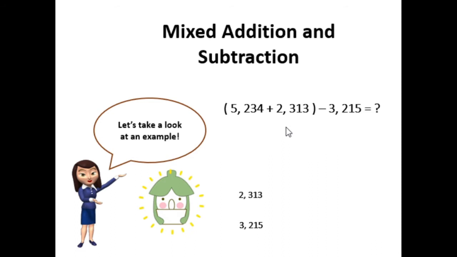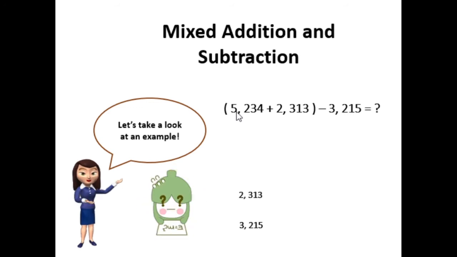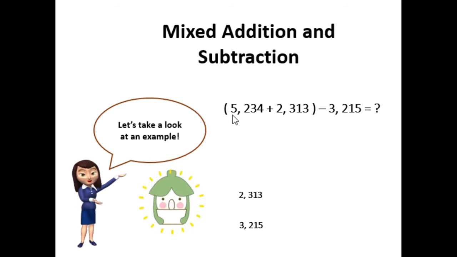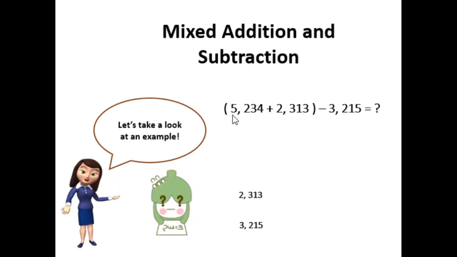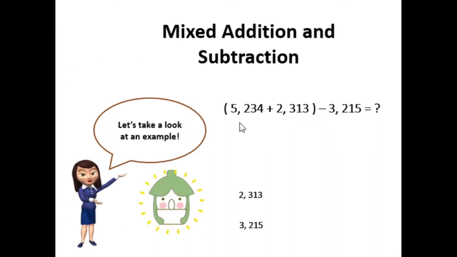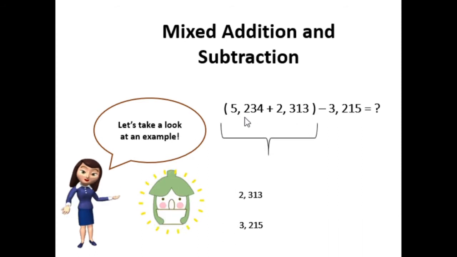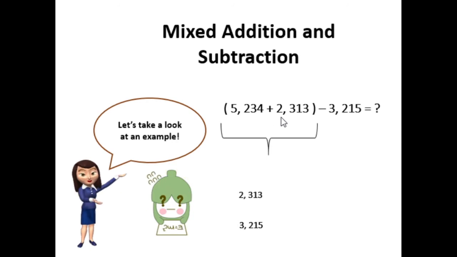We don't just simply solve what we can see in the equation, but as what I have said, work first the numbers inside the bracket. This is a bracket, this is a bracket, and the numbers inside are 5,234 plus 2,313.